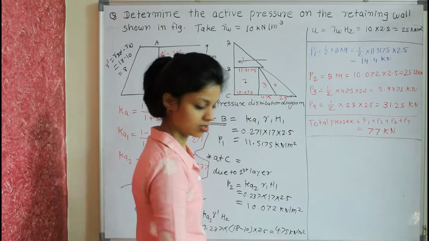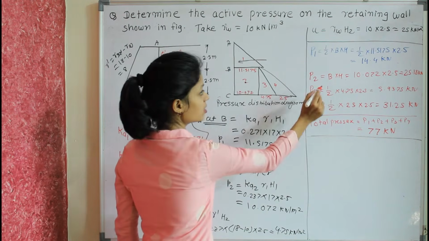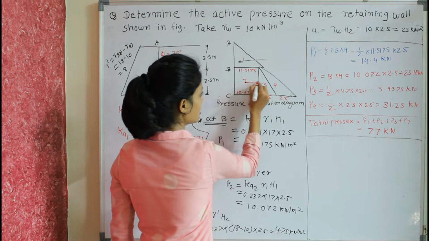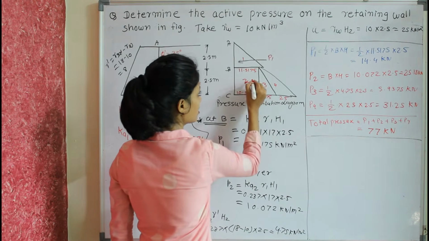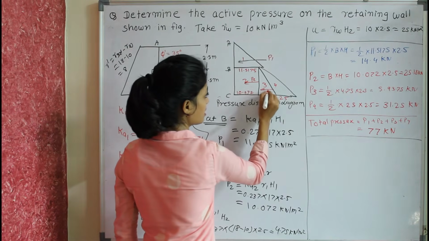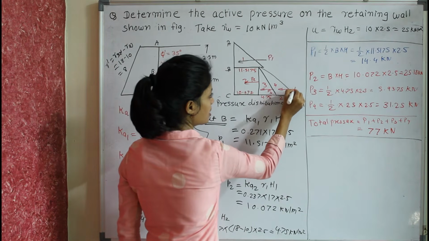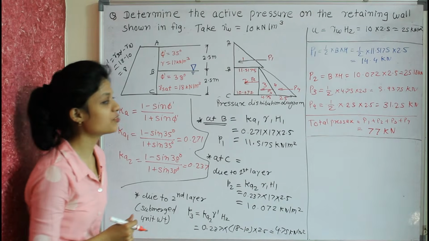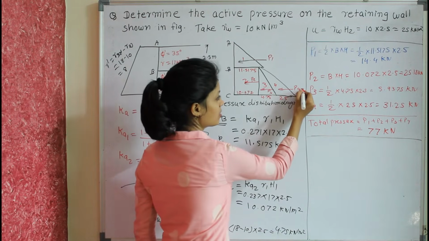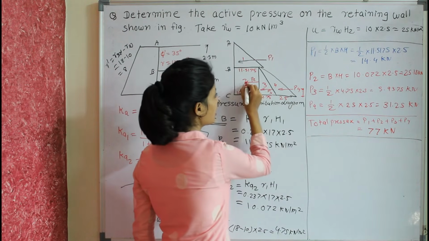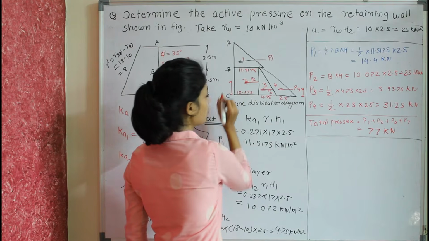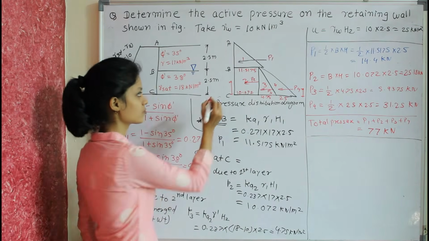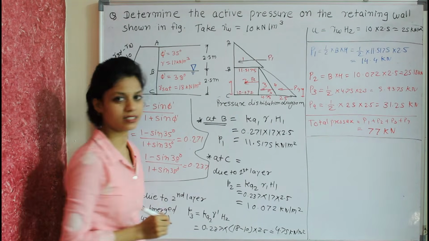That means P2 will act here, and P1, P2, here P3 and P4. The CG of a triangular section is 1/3 from base, and this one, the rectangle, is half from base.